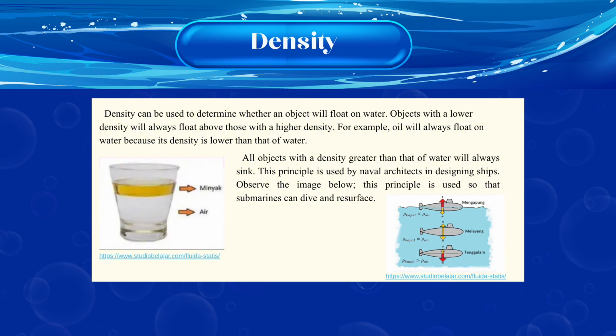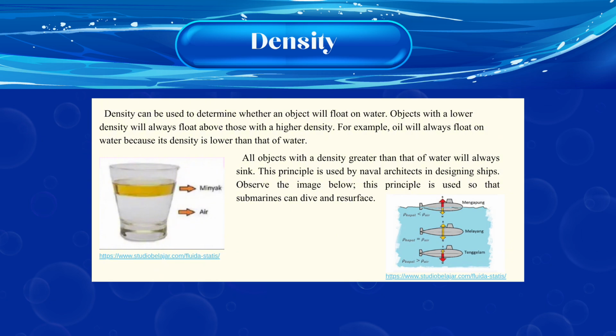Next, in the image on the right, there is an illustration of a submarine in three different conditions. The first is floating, where the density of the submarine is lower than water, so it stays on the surface. The second is neutral buoyancy, where the density of the submarine is equal to water, so it remains suspended in the middle.